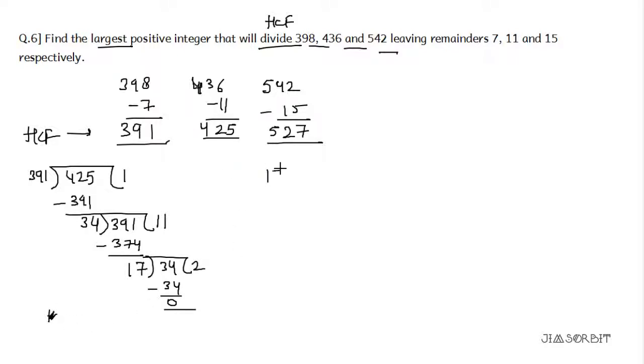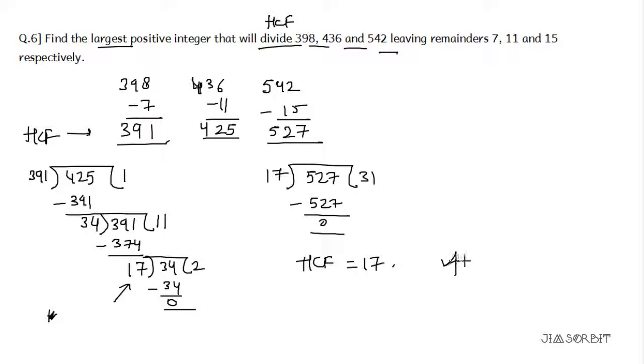Okay. Use this 17 as your first HCF with your left out number, which is 527. So 17, let us check for the maximum. 17 threes are 51, so 31 times it will completely divide it. Hence the HCF is 17 and that is the answer. We do not add or subtract anything in the HCF. We only subtract in the question.